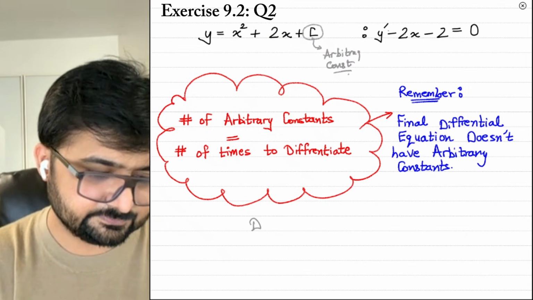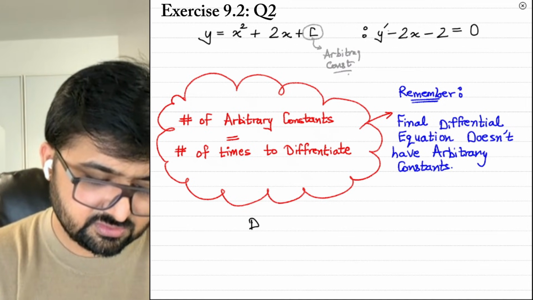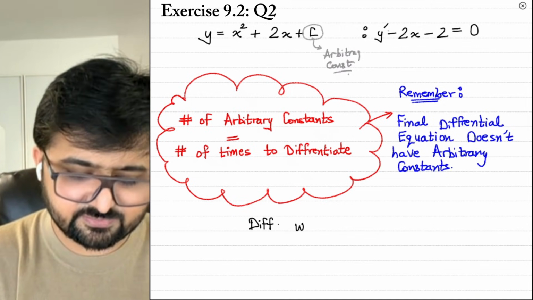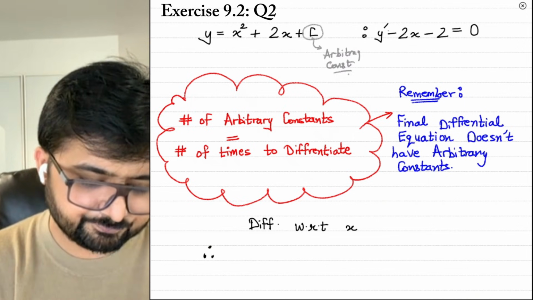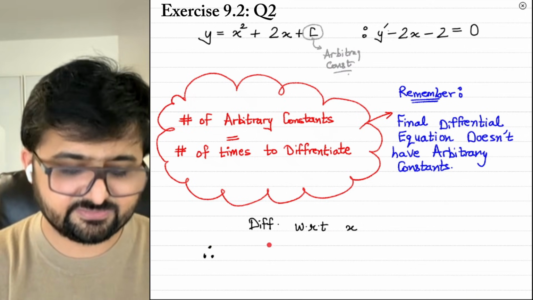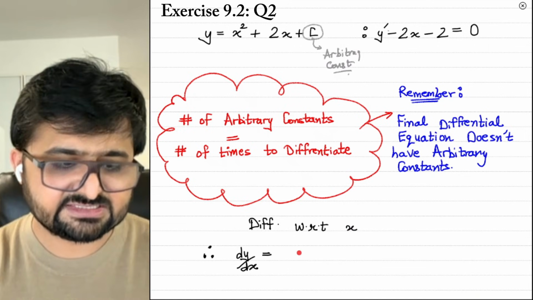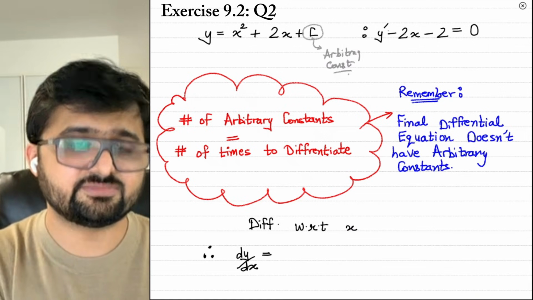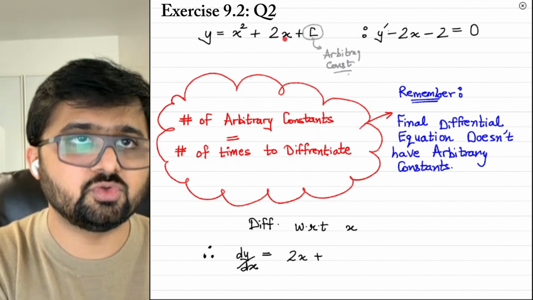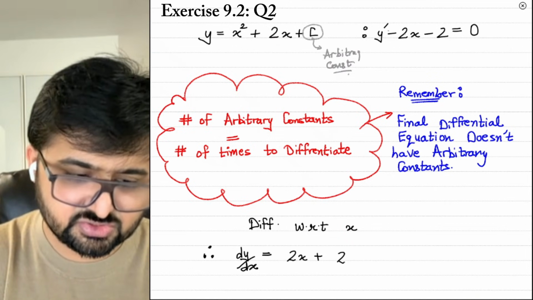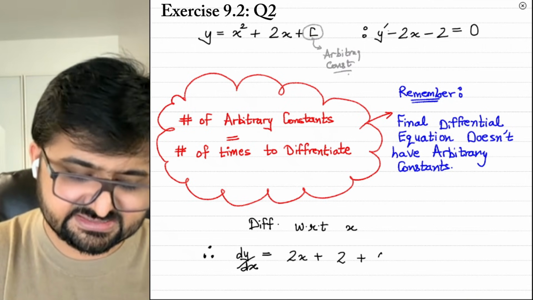Let's differentiate with respect to x on both the sides. So we get the derivative of y with respect to x, dy by dx, is equal to the derivative of x square with respect to x, which is 2x, plus the derivative of 2x with respect to x, which is 2, plus the derivative of c with respect to x, which is 0.